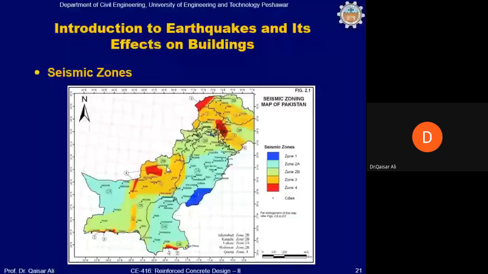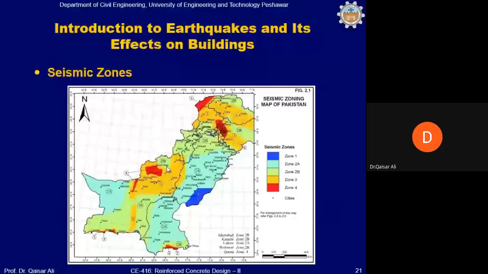Some parts are also in zone 4, Balakot and Chitral. Punjab is mostly located in zone 2A, and Balochistan, like Khyber Pakhtunkhwa, is located in zones 2B and 3, while Quetta and the surrounding regions are in zone 4. Okay, parts of Sindh are located in zones 2A and 2B, and the subduction zone near Karachi is also in zone 4.